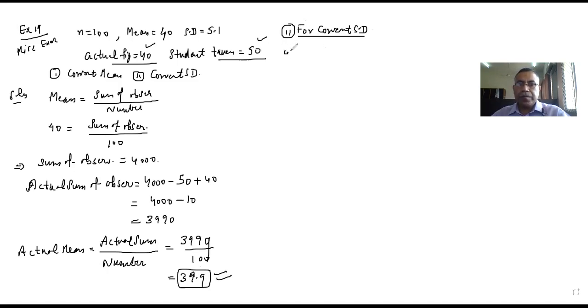So we know that standard deviation is equal to the square root of sigma xi square upon n minus sigma xi divided by n whole square.